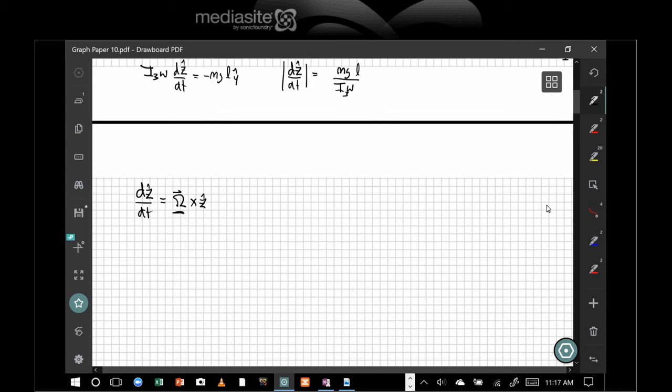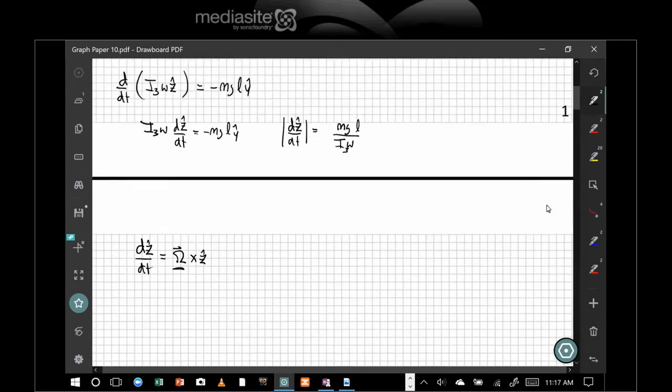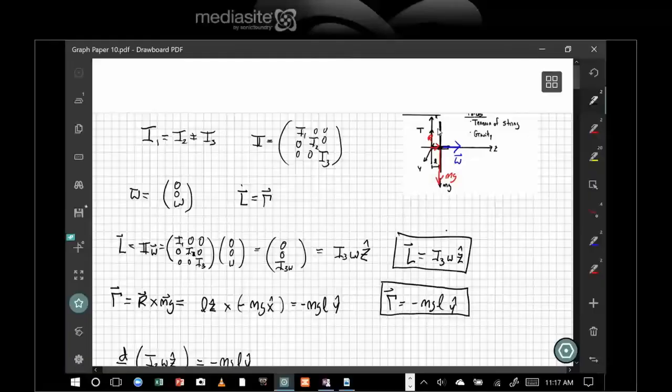Now, what is that going to be? That is going to be the velocity of the precession. Back to my picture, the thing precesses like this. So capital omega is going to be a vector that points up like this. That's what I expect, because the whole thing precesses around like this. All right, so let's calculate that.